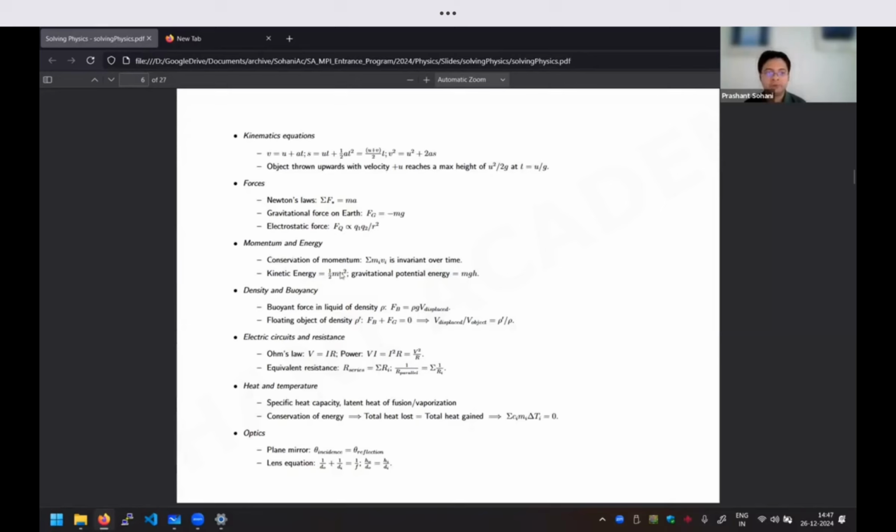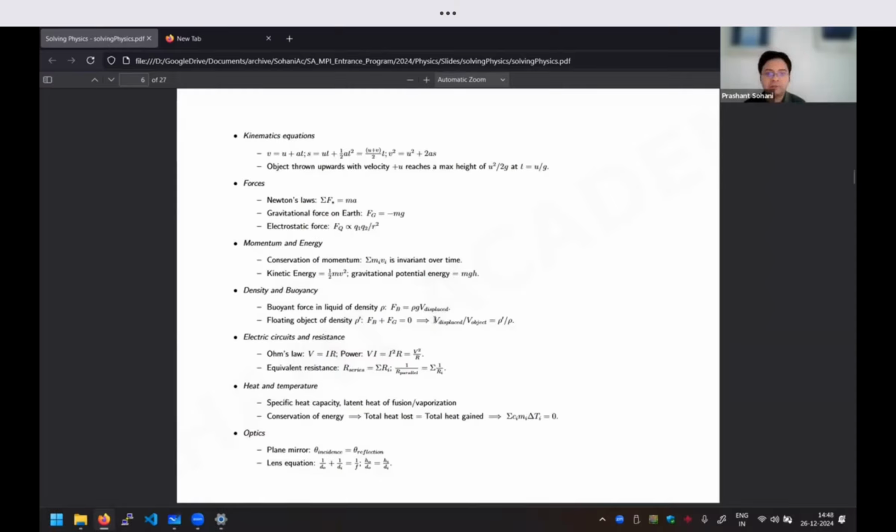Then momentum laws and energy conservation laws, again, very basic things, and it is very easy to create questions on these concepts, right? Because typically you have some objects which are moving. Initially, you know the velocities, finally, you know the velocities, and you can equate the momentum, for example. So we will do some examples of this also.